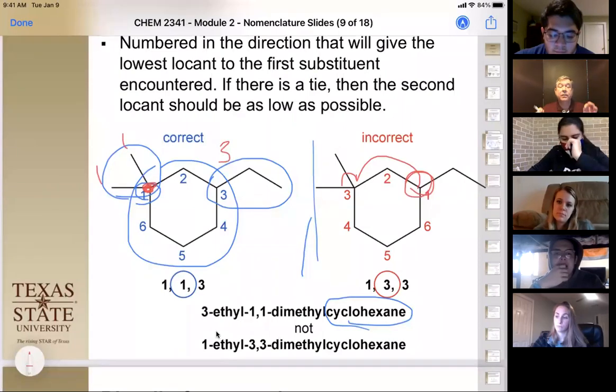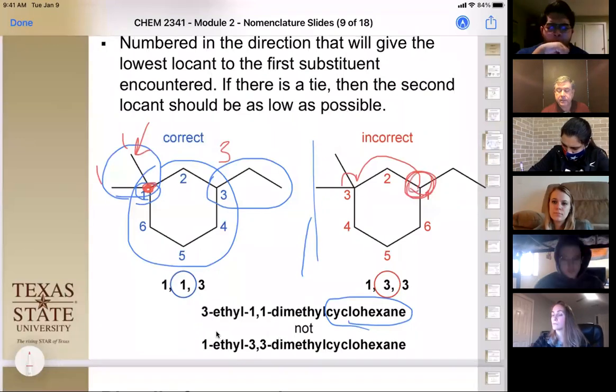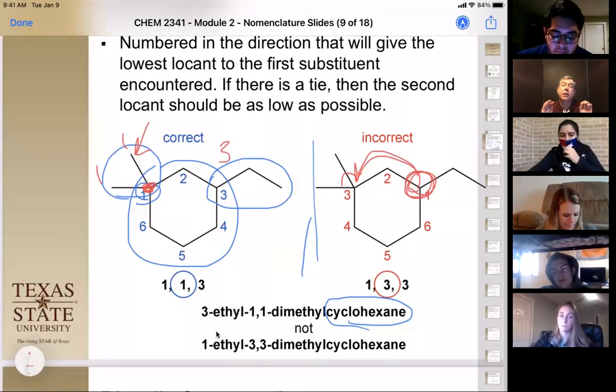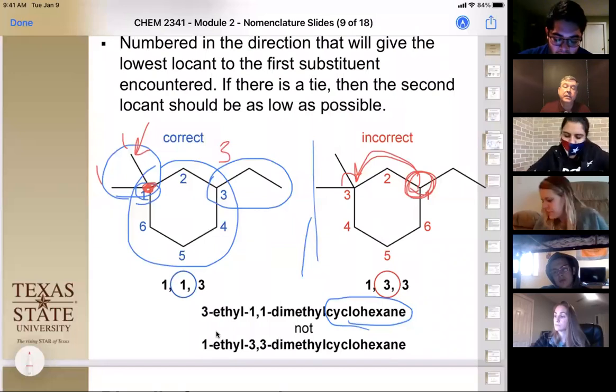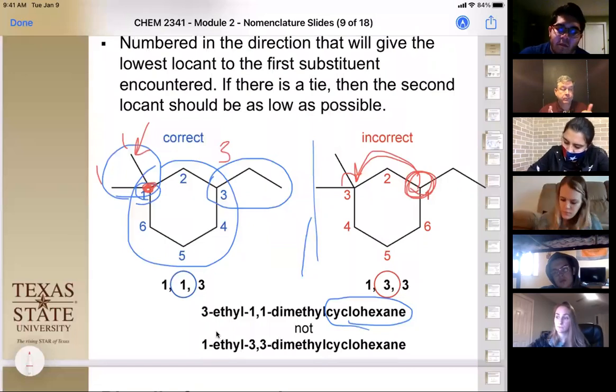Here the second substituent would be on the lowest carbon, the number 1. The other way, the second substituent would be on the 3 carbon. So whenever we have that possibility, we go the other way so the second substituent is on the lowest number possible. In this case, it happens to be on the same carbon.